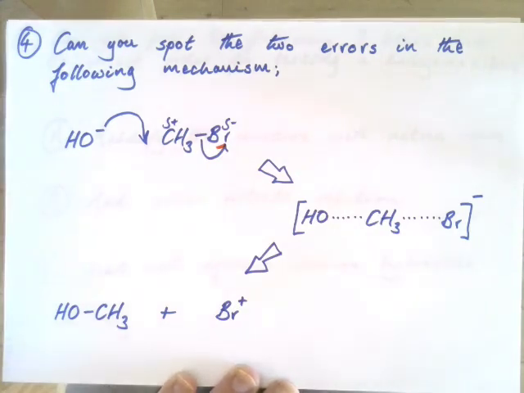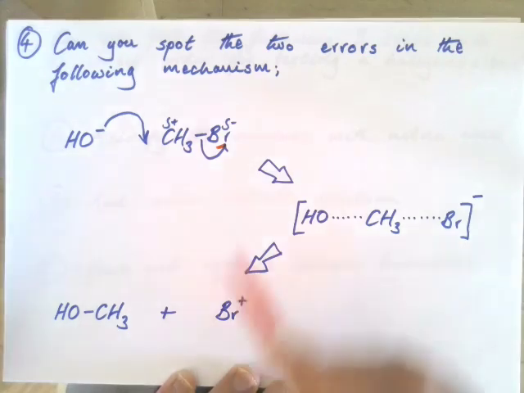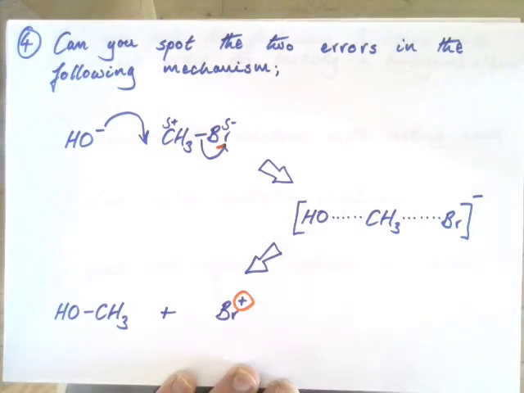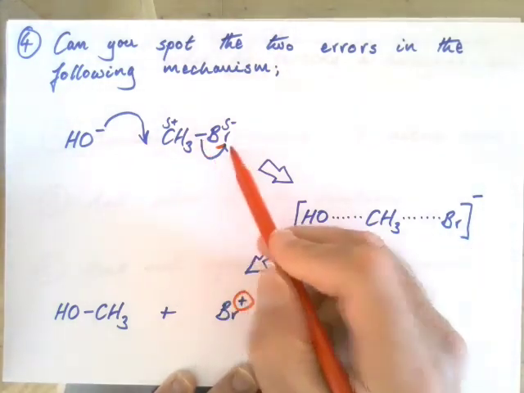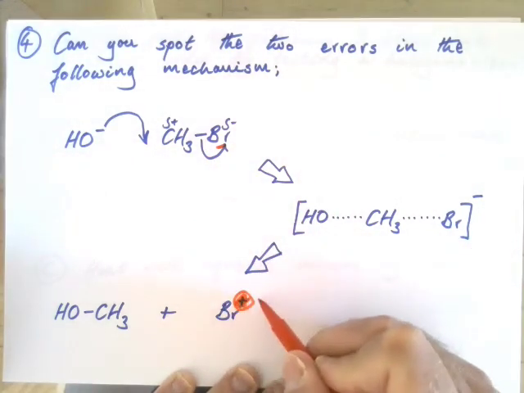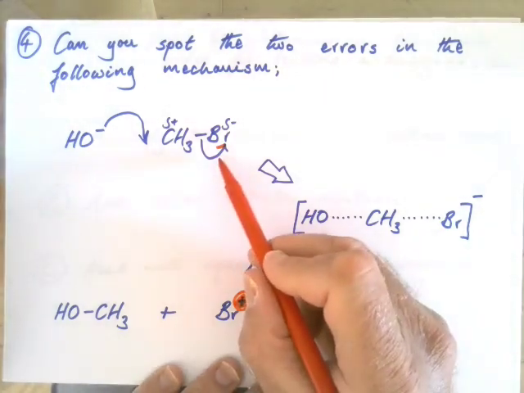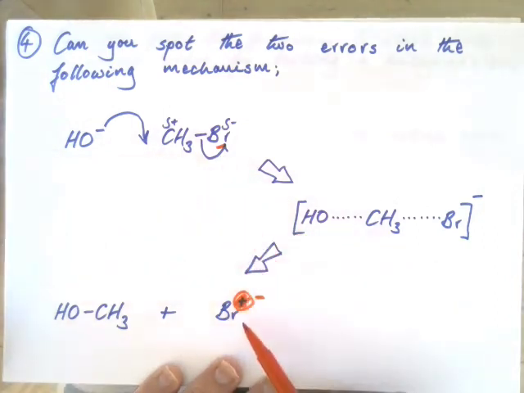And the second error, everything's all fine going along here. The second error is here. The bromide will leave as Br minus, not as Br plus. So error number one was the curly arrow being a single-headed arrow, not a double-headed arrow. And error number two, I put the wrong charge on the bromide ion. Silly me.